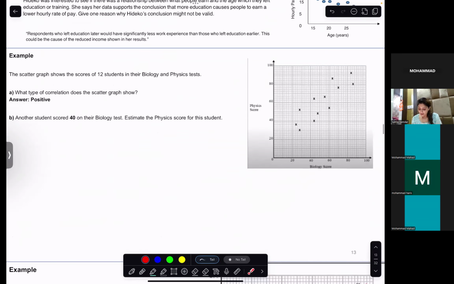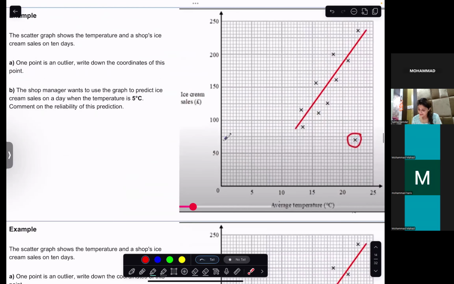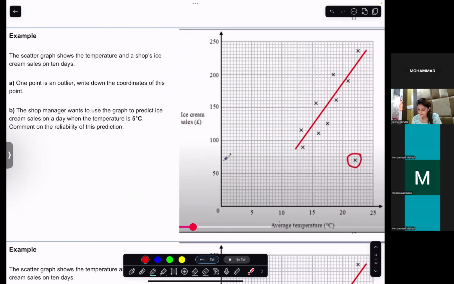Now, another thing: let's take this as an example. Can you tell me an outlier over here? An outlier would be the circle one.